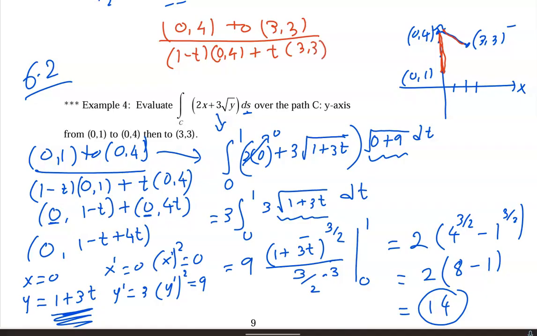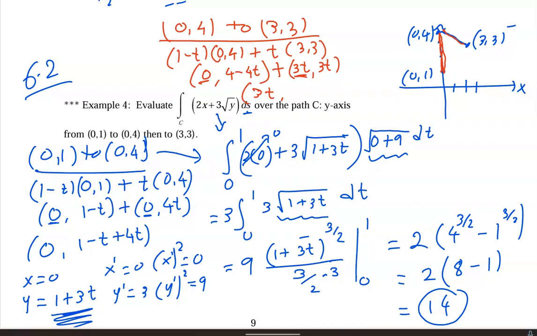Okay, if I multiply, that's going to be (0, 4) multiplied by the 1 minus t as 4 minus 4t, plus (3t, 3t). So if I combine and add this, that's going to be 3t. 3t plus 0 is just the 3t.